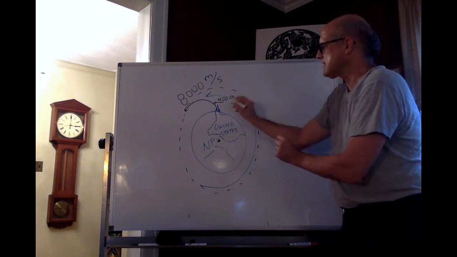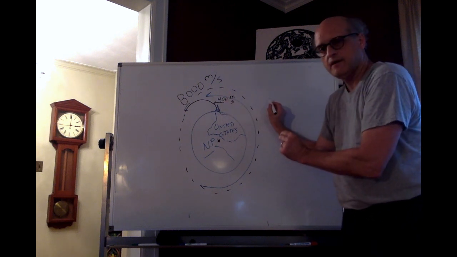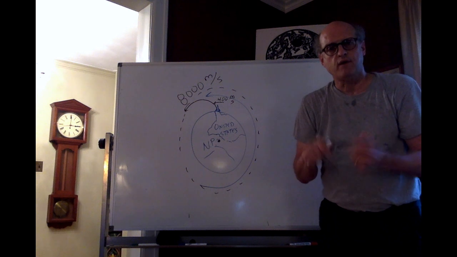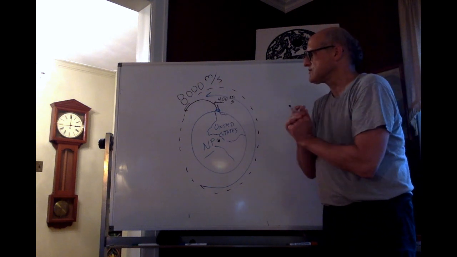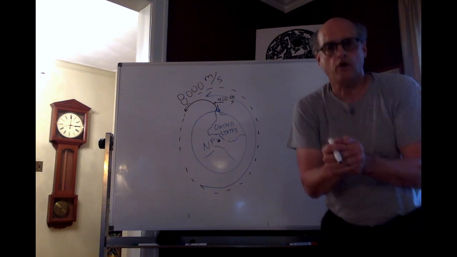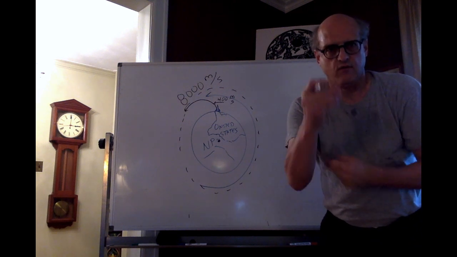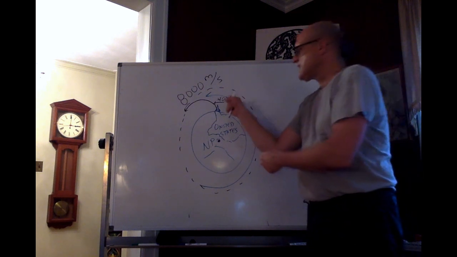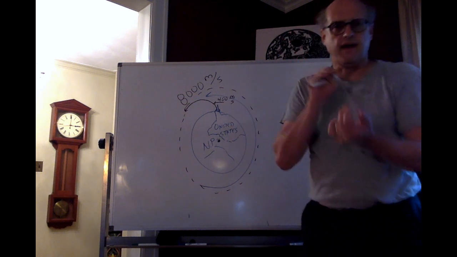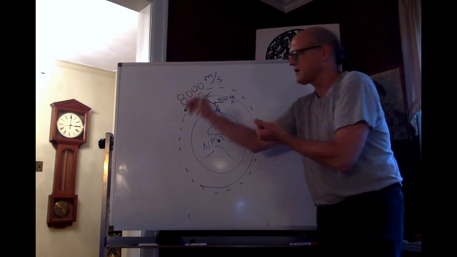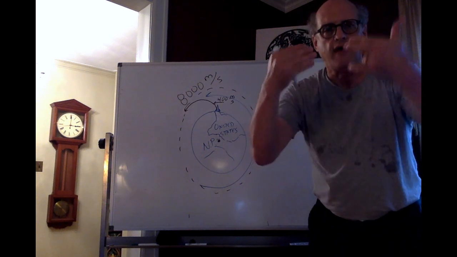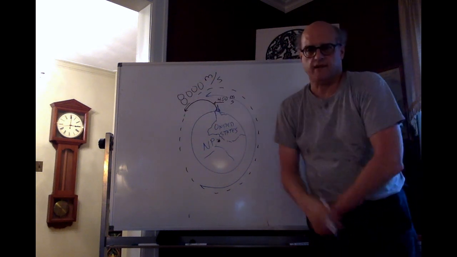Whereas if it goes on a westward path, right, it's going to have to increase its speed by 8,400 meters per second, so that when you take into account that the Earth is already rotating in a counterclockwise manner, you end up with a speed of 8,000 meters per second.